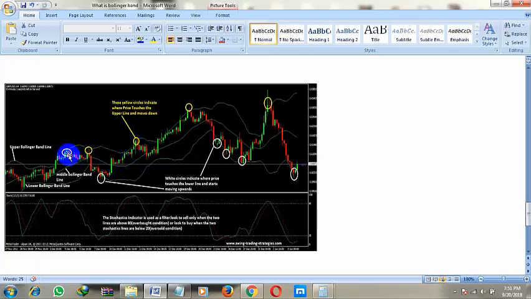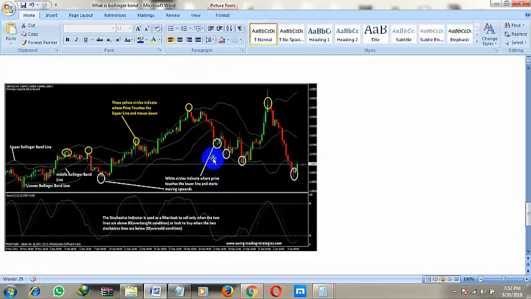So the green lines are the sell zones, and the yellow circles are the sell zone, while the white circles are the buy zones. And as you can see, it maintained it most of the time. And if you had traded with Bollinger, you would have won how many times? 1, 2, 3, 4, 5, 6, 7, 8, 9, 10 in this particular chart.